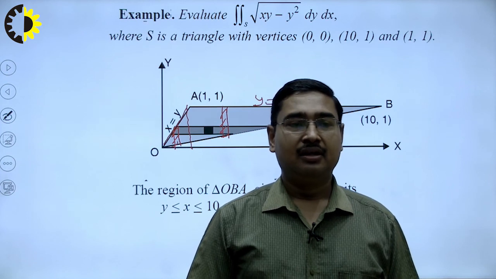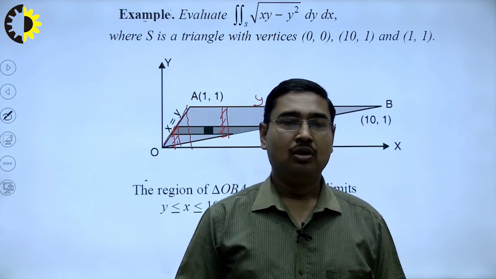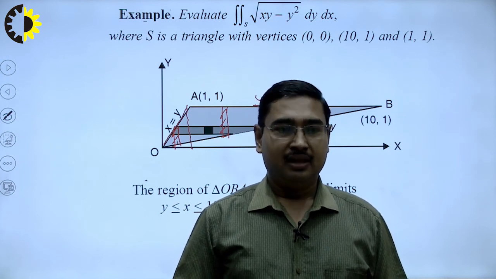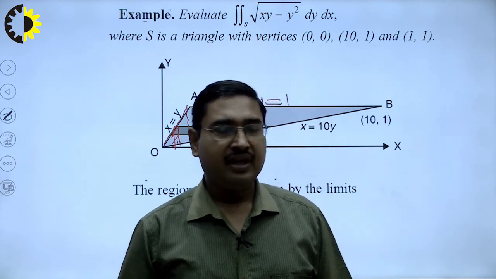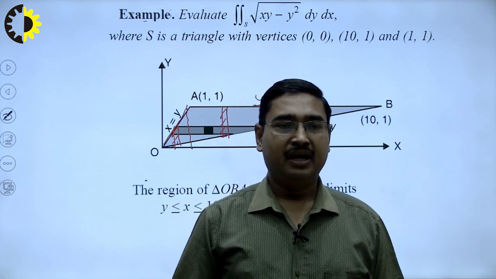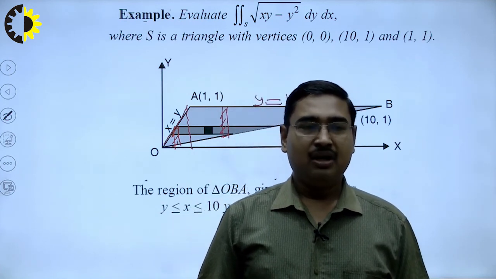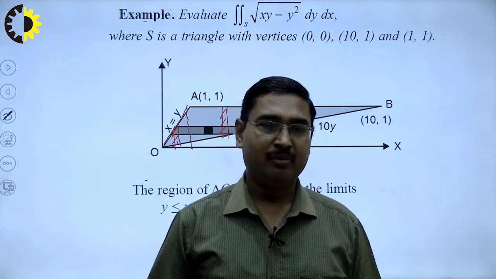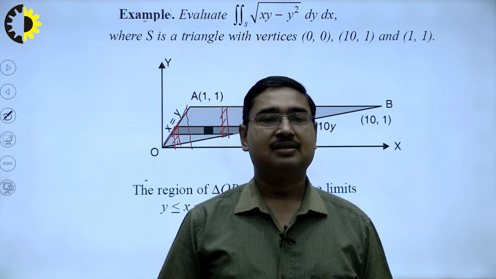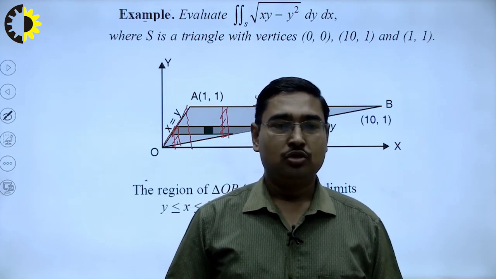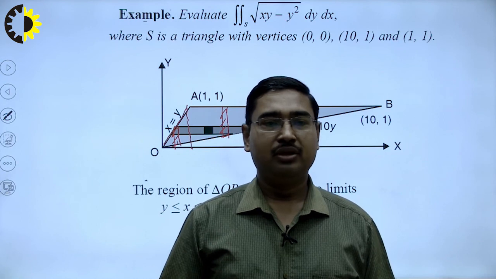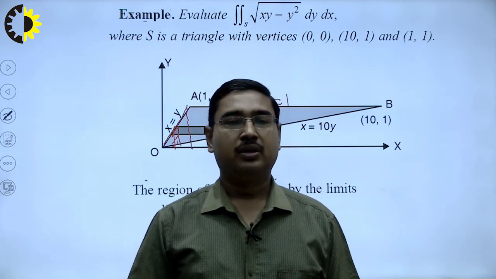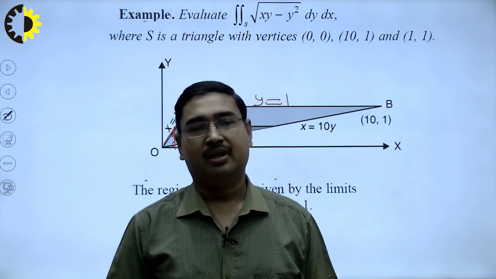Then we have learnt how to divide the region into horizontal slices and find the limits. We have also learnt that there can be significant difference in work by choosing a suitable slice. That is, if we take a horizontal slice, then integration may become easy, and if we take a vertical slice, then integration may become difficult. So we should be thoughtful when choosing the slice for the region so that our work remains simpler.